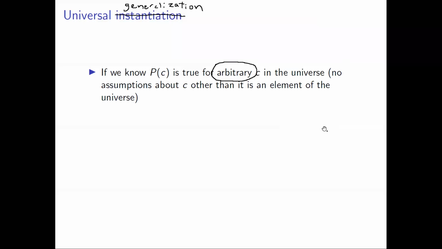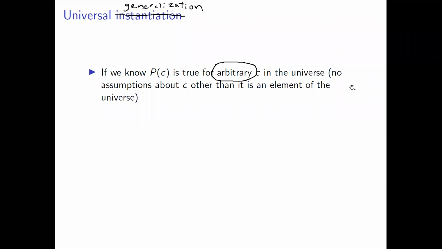What do we mean by arbitrary? Well, we mean what I mentioned in the parentheses there. We're making no assumptions about this C other than the fact that it is an element of the universe. So our assumption here is just that P of C is true for this arbitrary C, where arbitrary means what I wrote in the parentheses.